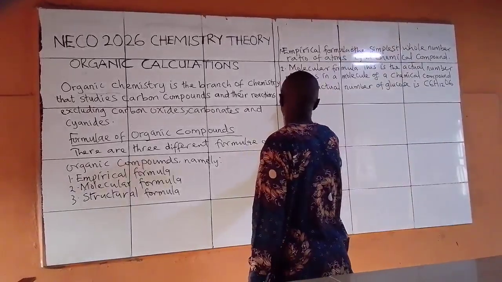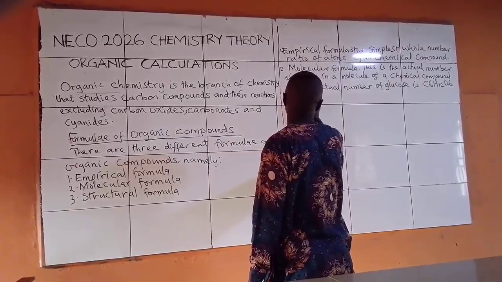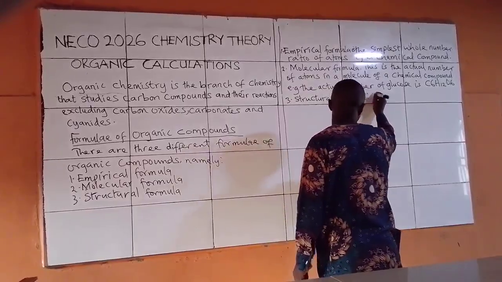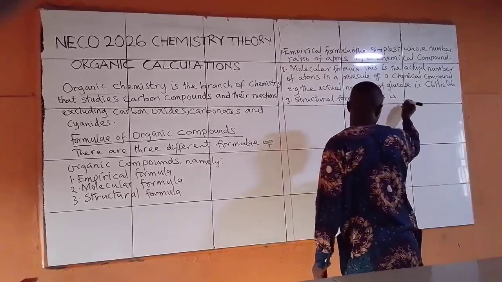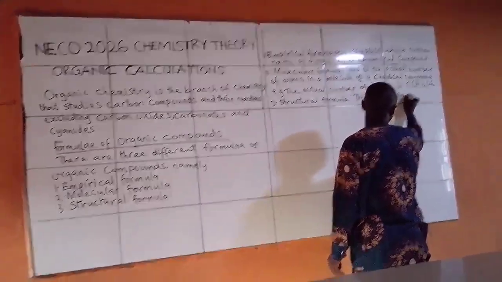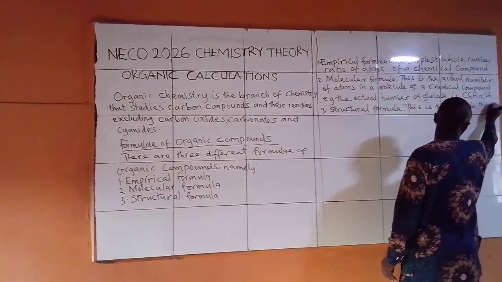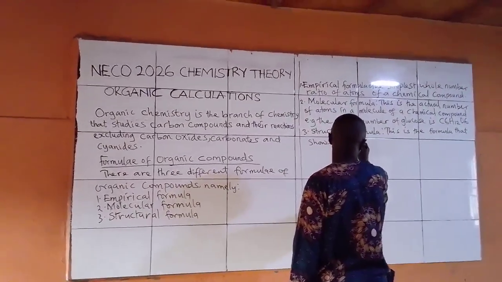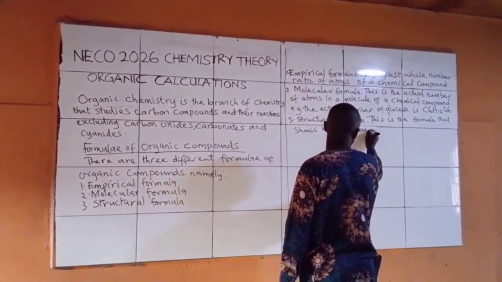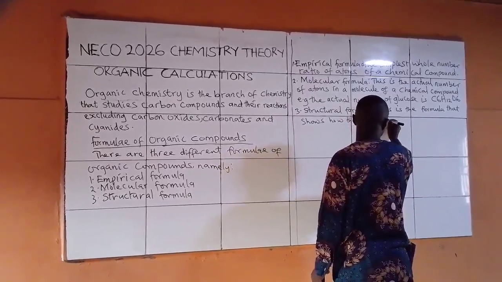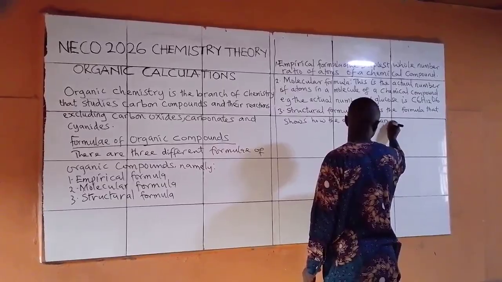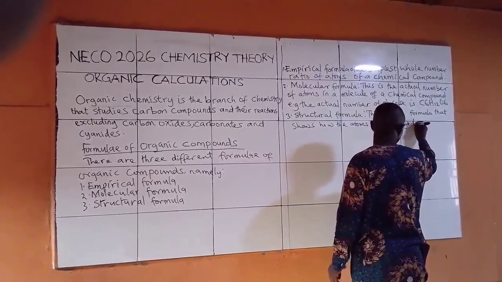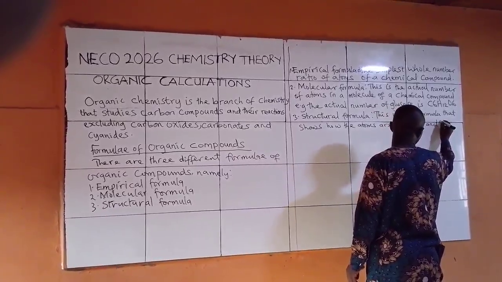Now we move to the structural formula. This is the formula that shows how the atoms are arranged and bonded.